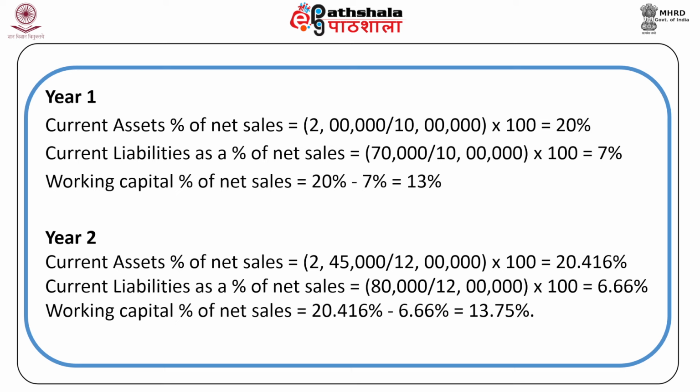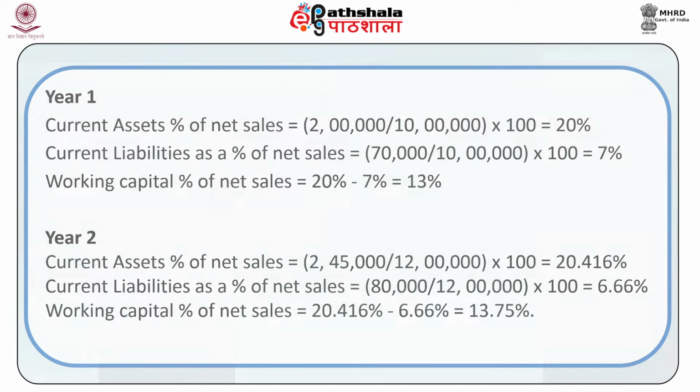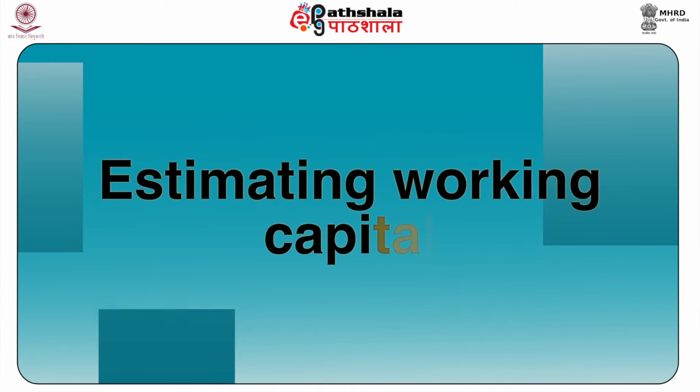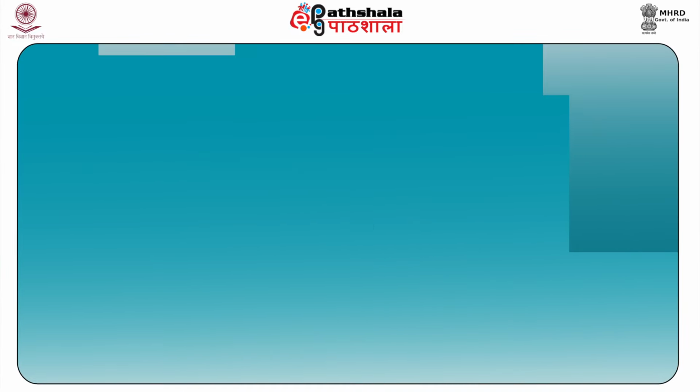So working capital as a percentage of net sales in the second year is equal to 20.416 minus 6.66, which is equal to 13.75%.